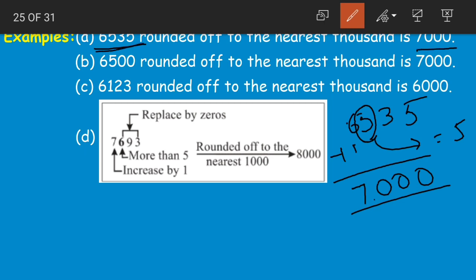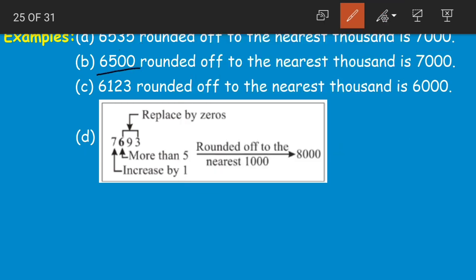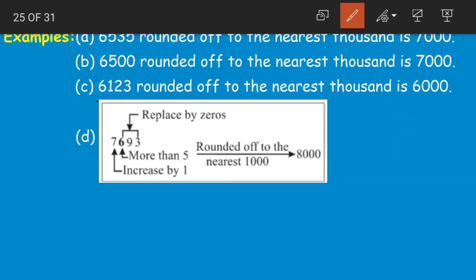It is a multiple of 1000, right? 7000. Coming to the second one, 6500. Again the hundreds digit is equal to 5, so we round up. By rounding up we mean add 1 to the digit in thousands place. 6 plus 1 becomes 7, and the remaining digits become 0. So 6500 is rounded off as 7000.